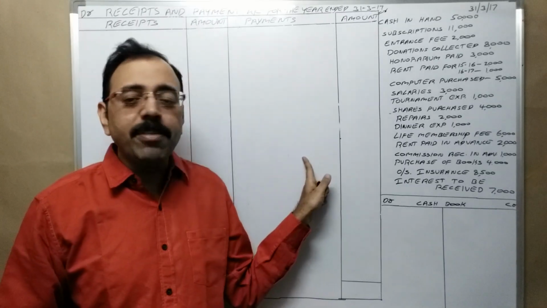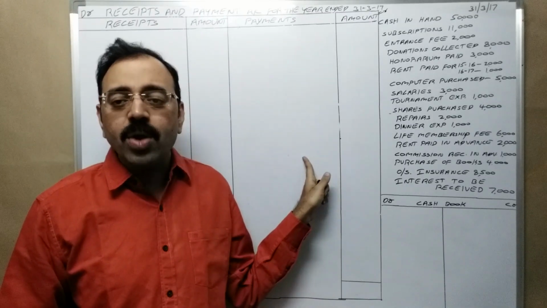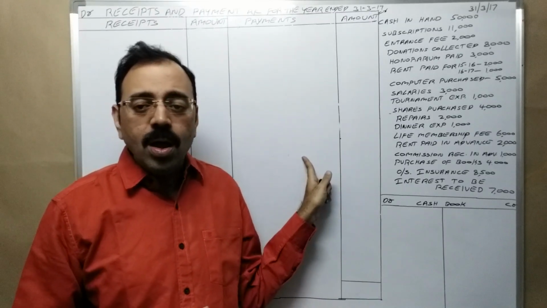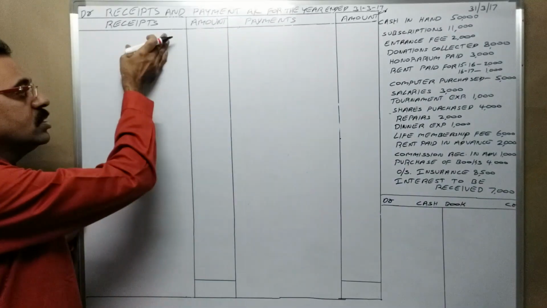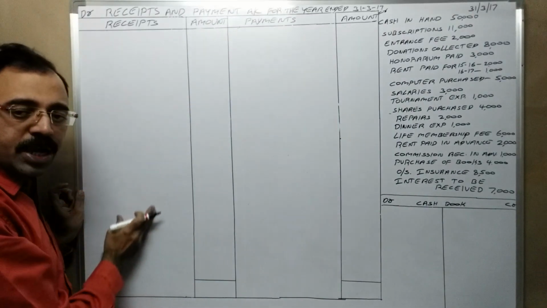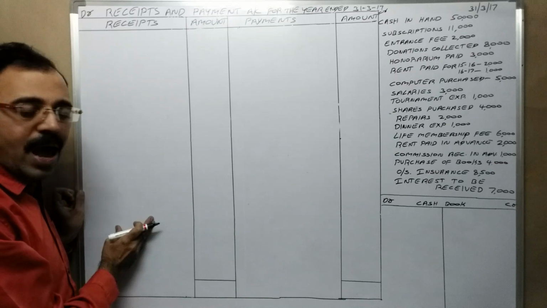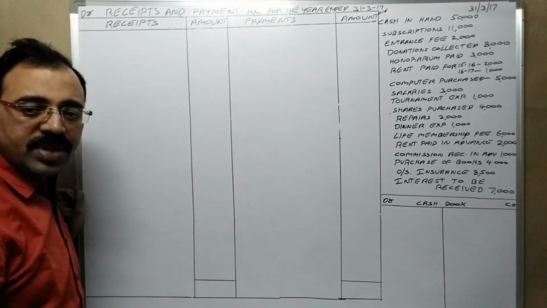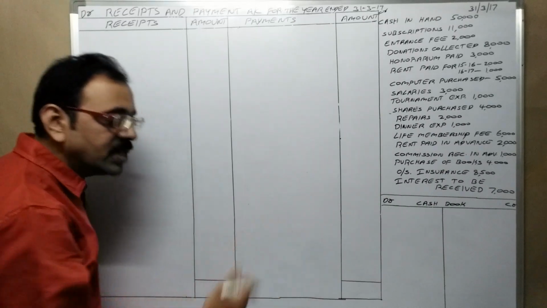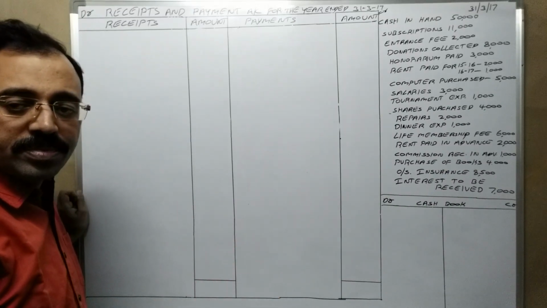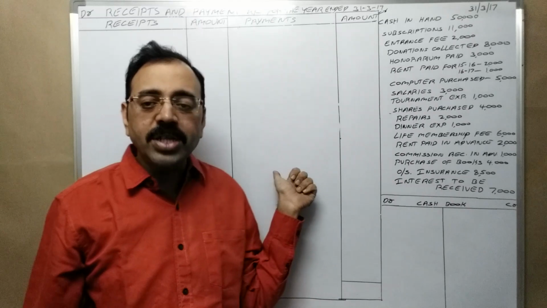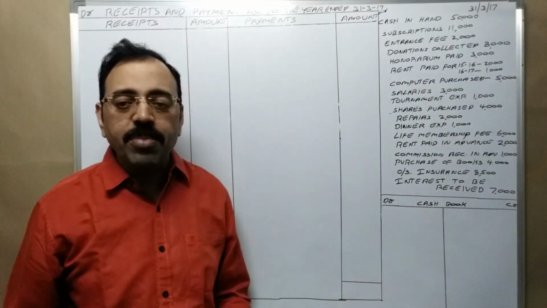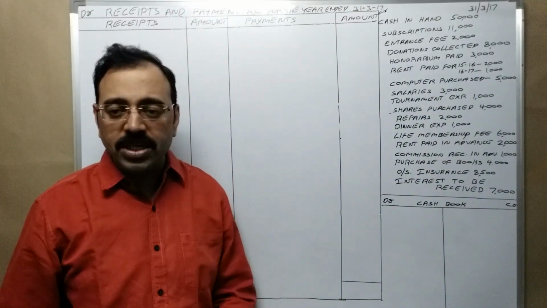In receipts and payments account, we are going to mention from which sources cash is coming into the firm and how we utilize those funds. Then finally, how much cash is left over. So receipts and payments account gives the information regarding cash.